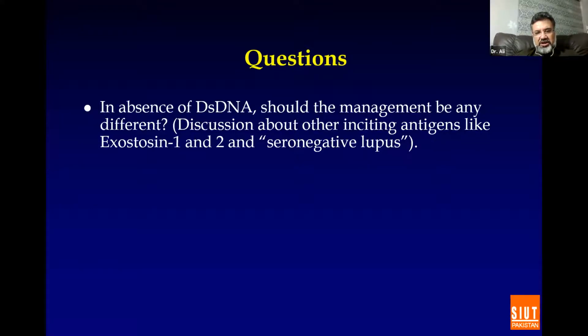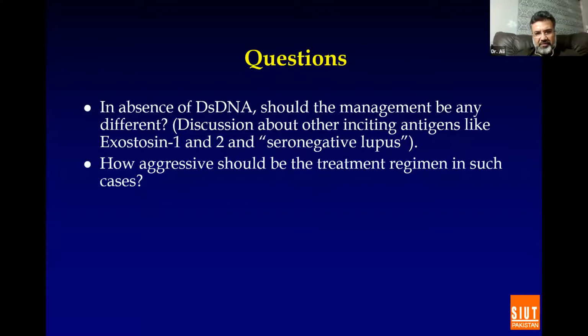And in those cases, could other antigens like exostosin 1 and 2 be the inciting antigens for this disease? And if a patient presents without dsDNA antibodies, how aggressive should we be in treating this disease?